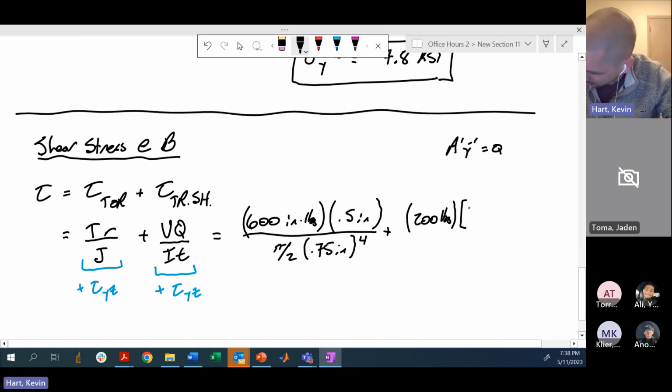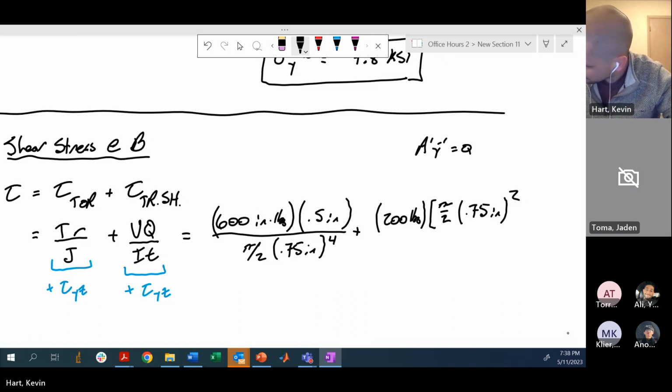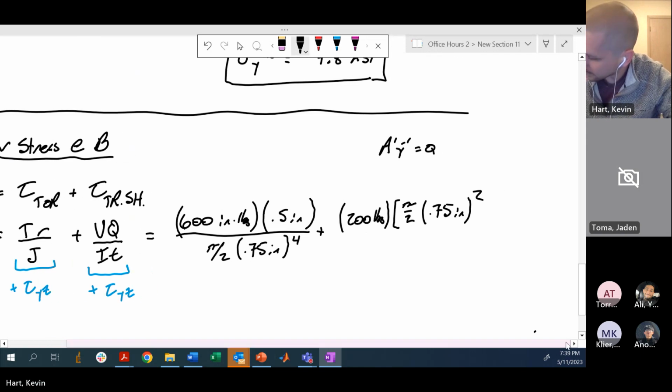So the area here is going to be pi on 2, we have half the area, radius squared, 0.75. Sorry, not to the 4th, squared. And then y bar prime, we said is 4r on 3 pi. So this is 4r, 0.75 inches on 3 pi.